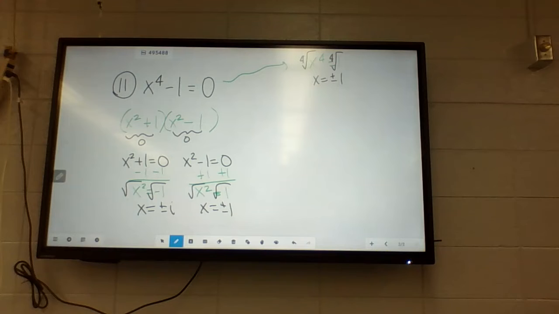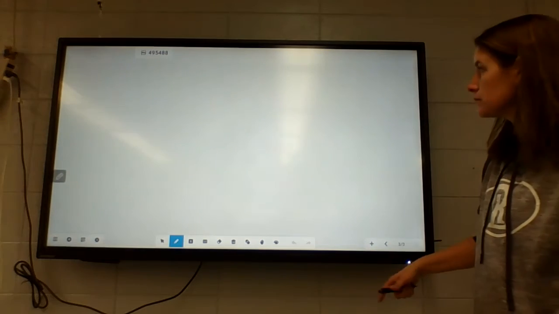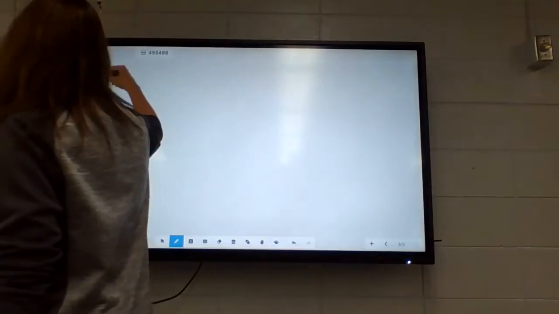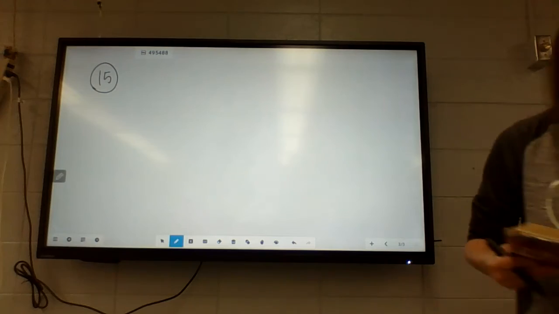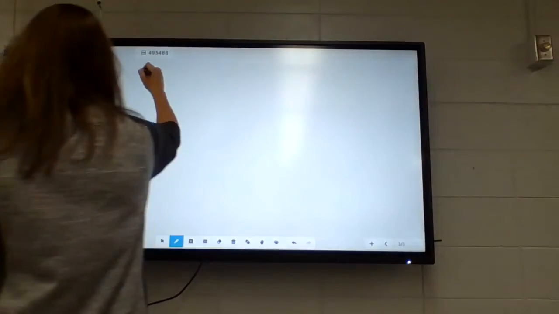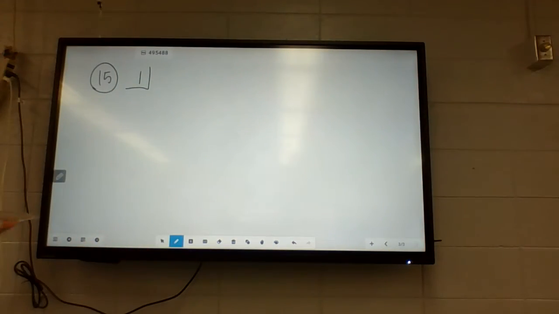All right, and then 15 is one of those longer problems. Kind of a lot going on in 15 here, but they give us 1 is a 0. If we know a 0 of the polynomial, we're going to do synthetic division.